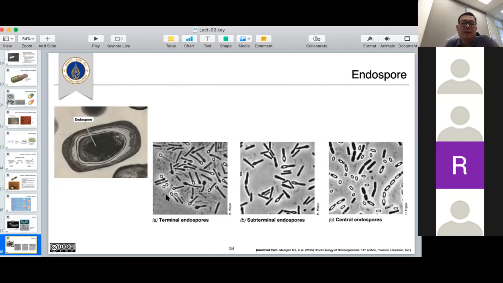Sometimes the spore is subterminal, moved a little bit inside from the terminal. Sometimes the spore is central, in the middle of the cell. So the location of the spore can help determine a big group of bacteria, okay?